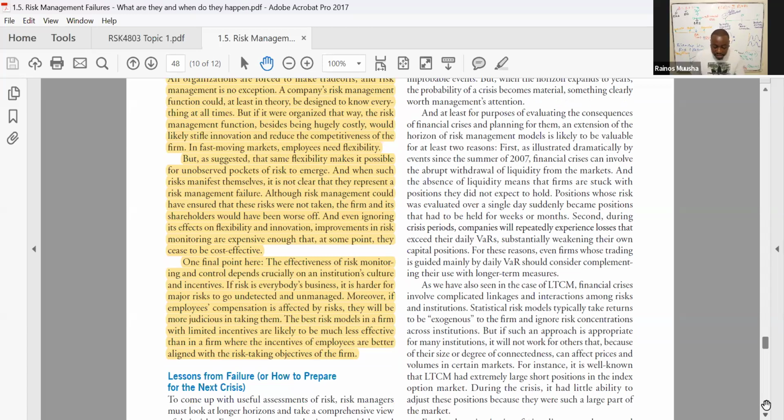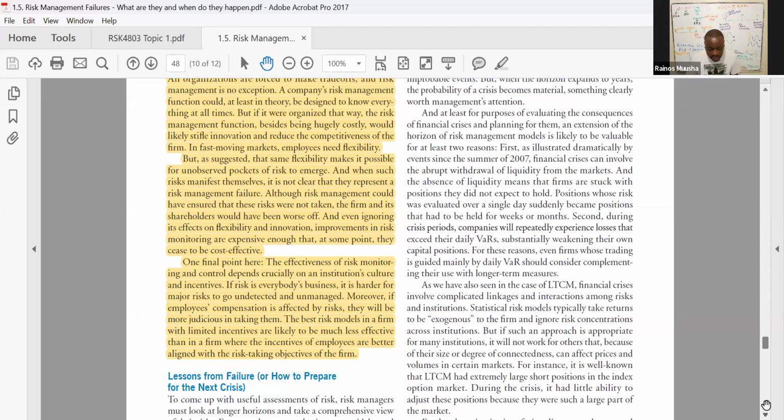And when such risks manifest themselves, it is not clear that they represent a risk management failure. Although risk management could have ensured that these risks were not taken, the firm and its shareholders would have been worse off.